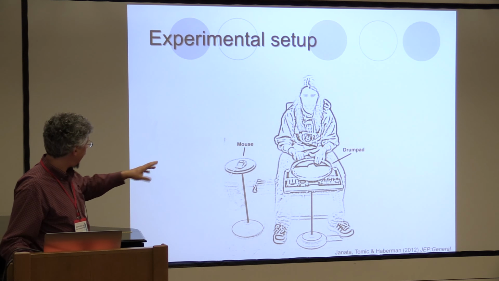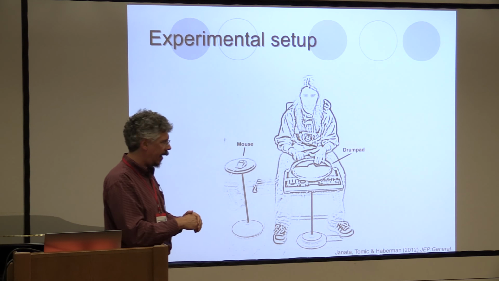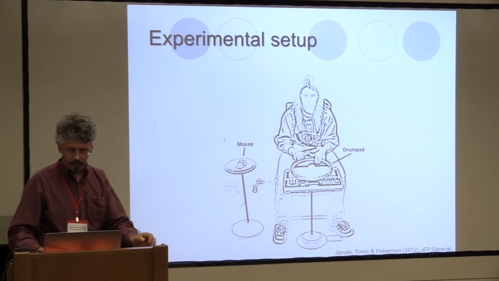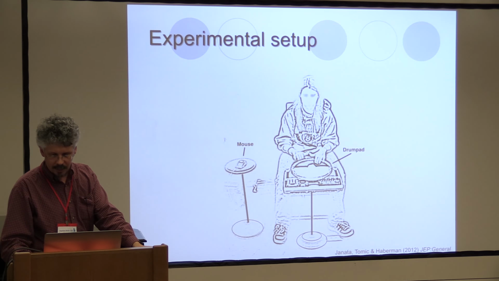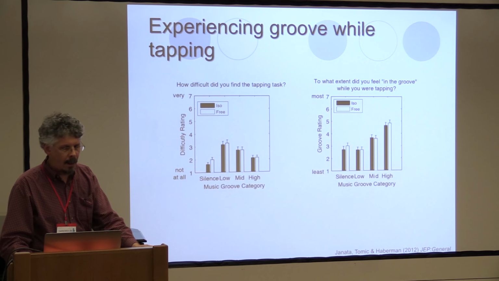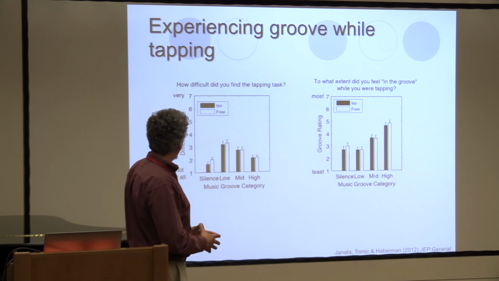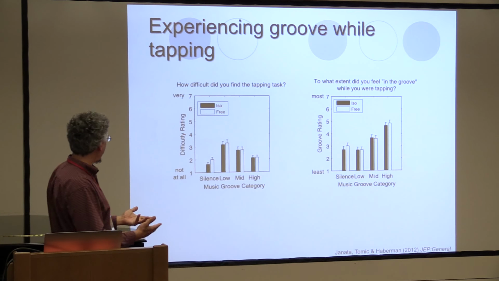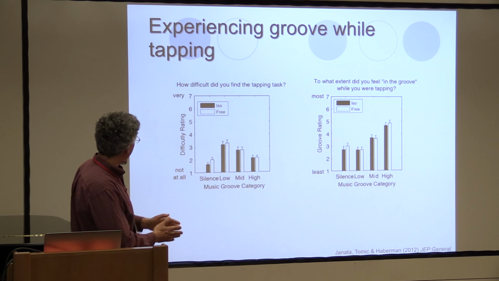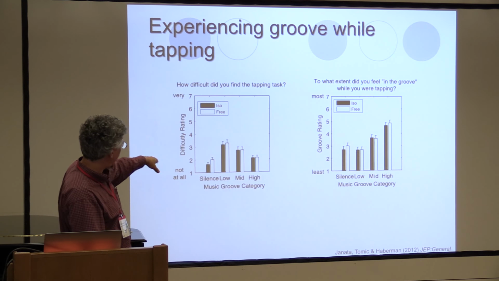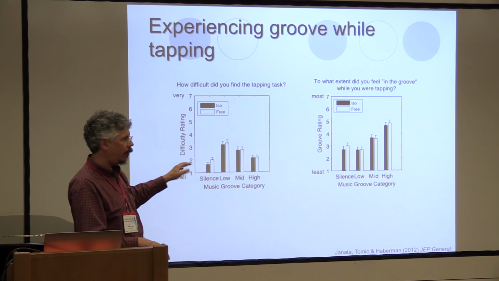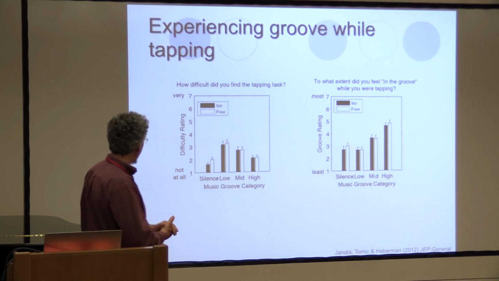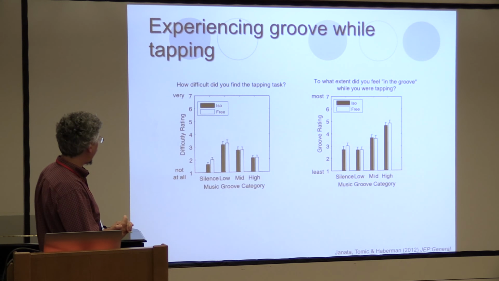So here was the setup. We had subjects seated, and after each of these trials, they'd respond to a number of questions. We were videotaping them so that we could later code the behaviors. I'll just show you a little bit of data from this. First on the left is how difficult you found the tapping task. Tapping in silence or tapping with high groove music wasn't perceived as very difficult, in either the free-form or the isochronous tapping.